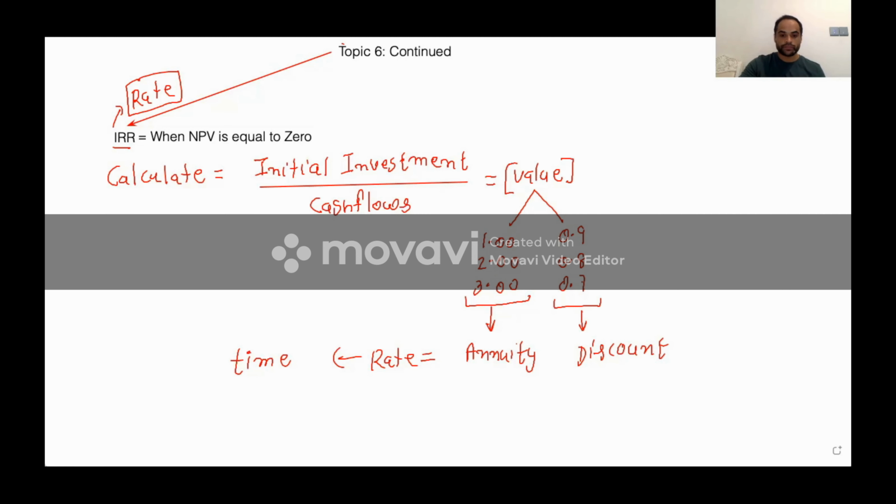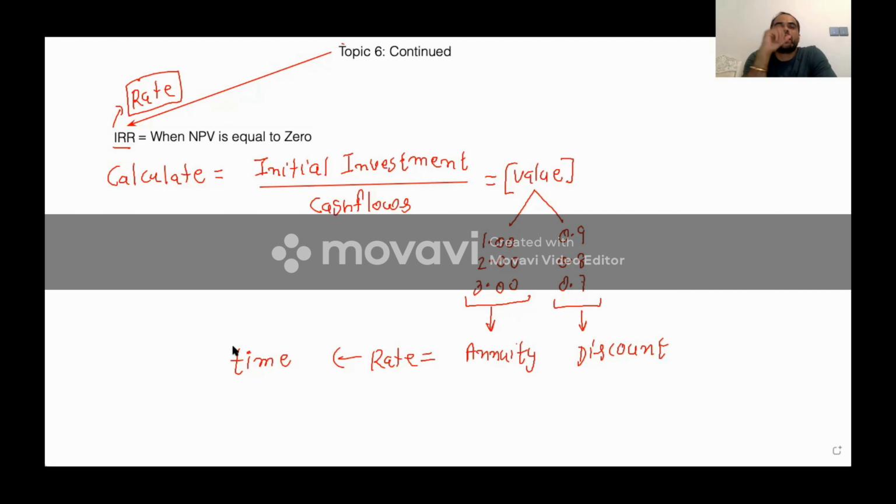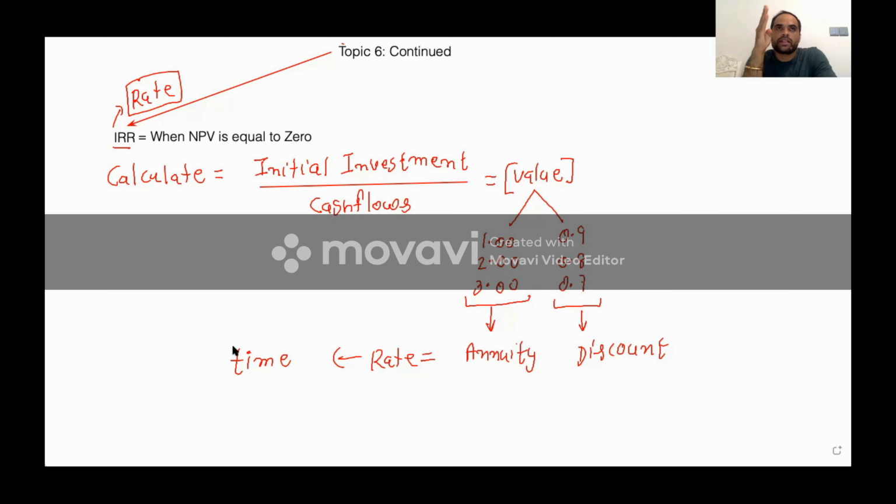So let me show you through the table. So let's say I show you this table, right? So this is your discount table. For example, you divide your initial investment by your cash flows, and your value is, let's say, a random number, 0.693.